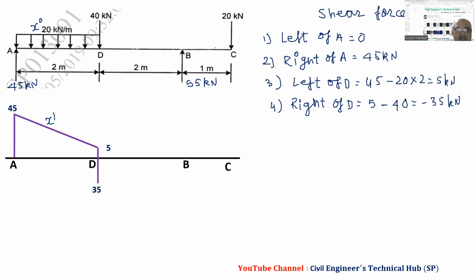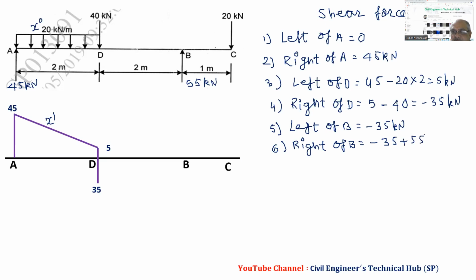Then left of B, we have the same, no change, minus 35 kilonewton. Then right of B equals minus 35 plus 55, and that is equal to 20 kilonewton.